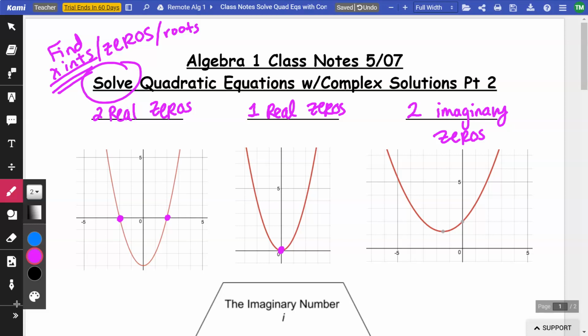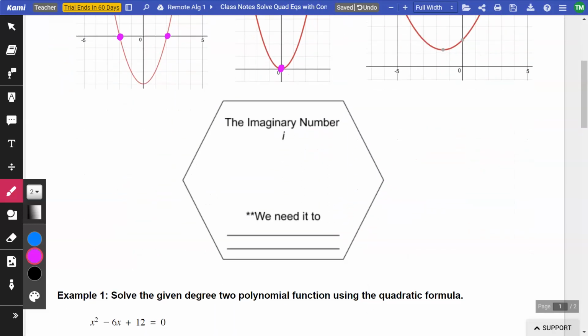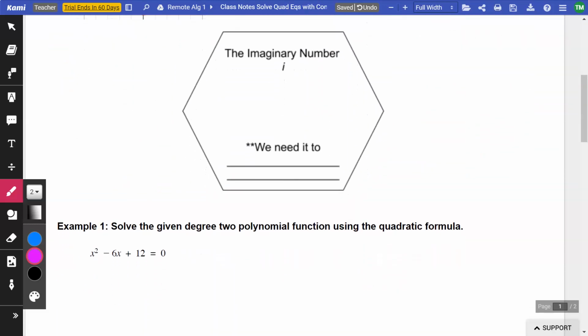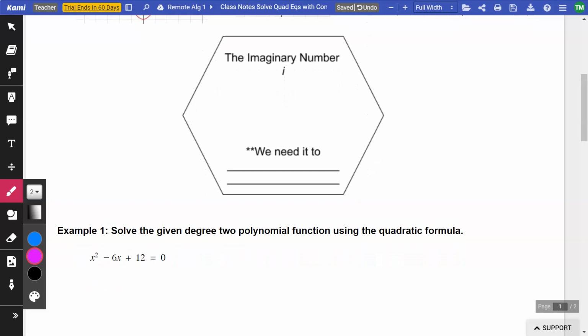To help us find those imaginary zeros, we have to use the imaginary number i. And this is a fun fact that you need to have memorized for the rest of this school year and for Algebra 2 especially. We're going to use the imaginary number i a lot in Algebra 2. So what we know about i is that it does in fact exist, even though it's called imaginary.